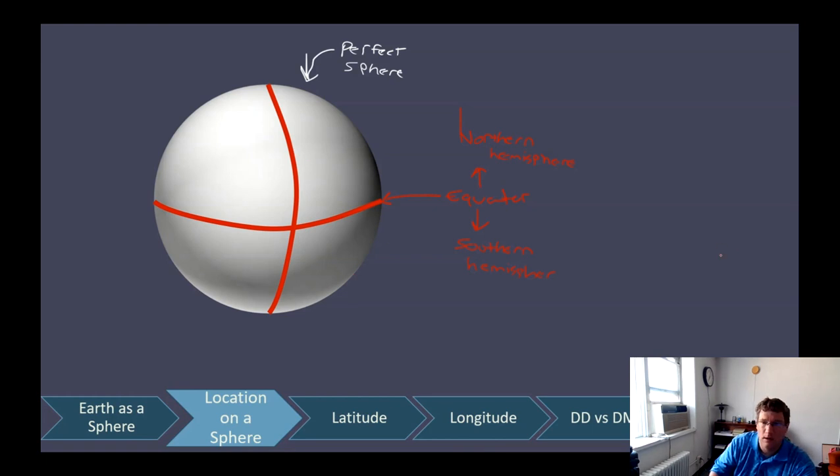But we can do one more. We can divide again. We have this line here running north, south.